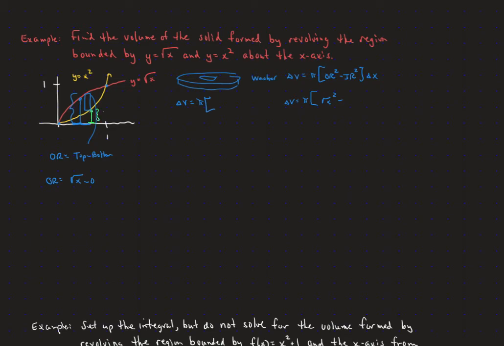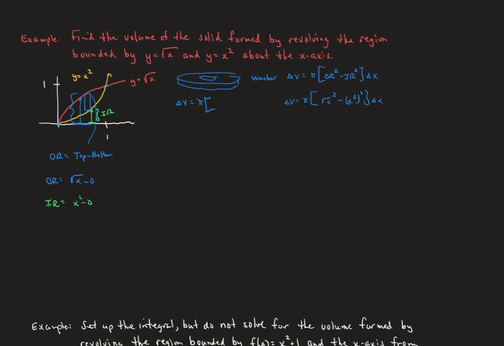So this distance right here is our inner radius. And again, because it's vertical, we go top minus bottom, but that's just x squared minus 0. So that's going to be x squared. So we're going to get a minus x squared squared, and then a delta x.